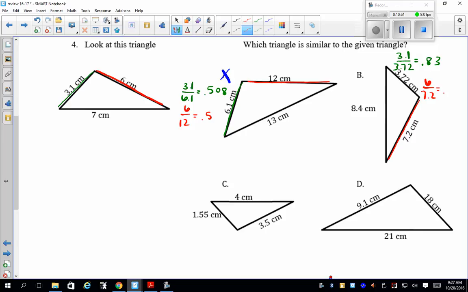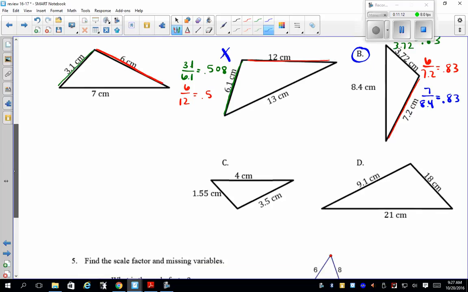And the calculator gives me 0.83. I'm going to check the last side for good measure. So 7 is going to go with 8.4. And this also gives me 0.83 in the calculator. So it looks like B is going to be my answer choice.